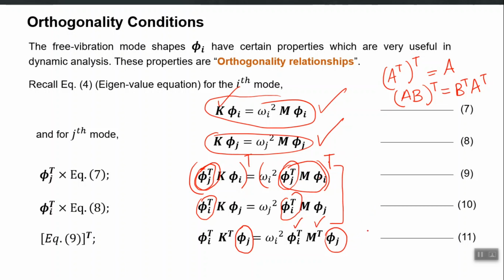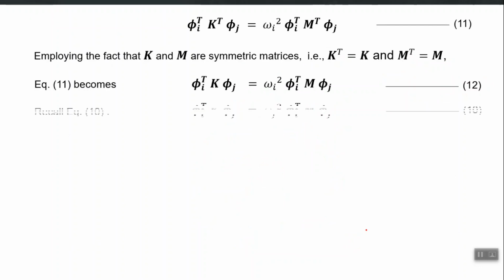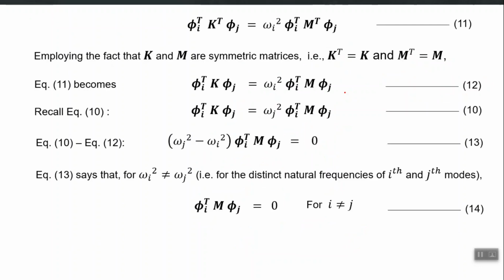So, now let us have this equation 11, and we know, employing the fact that K transpose and M transpose are symmetric matrices, that K transpose is equal to K and M transpose is equal to M. They are symmetric matrices, so when you take their transpose, you get the same matrix. So, this will be replaced simply by M, this will be replaced simply by K. This will give us equation 12, right?